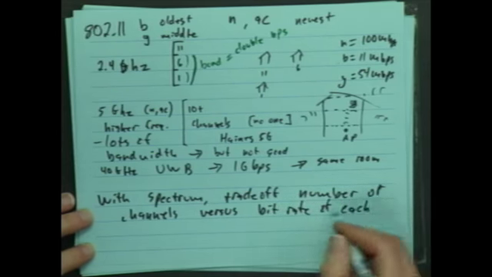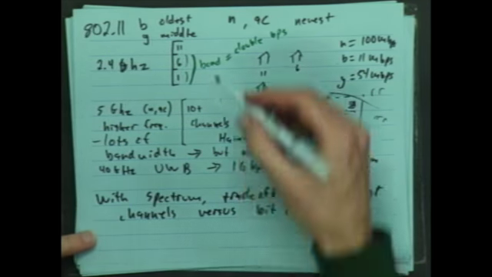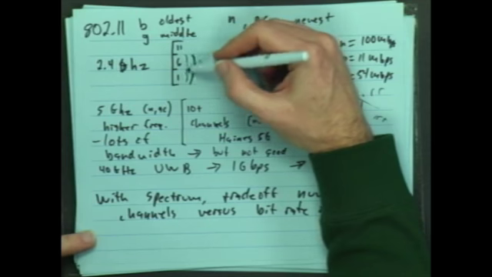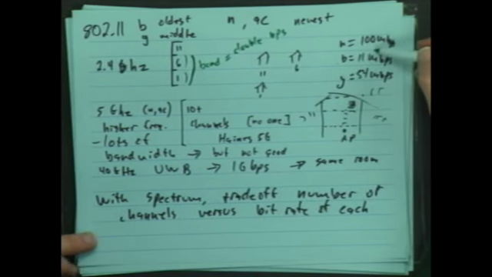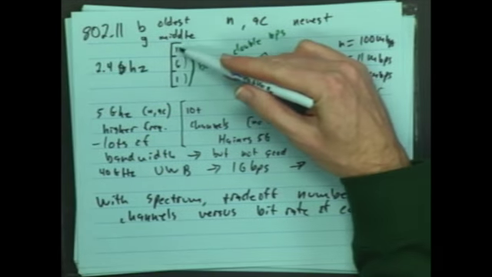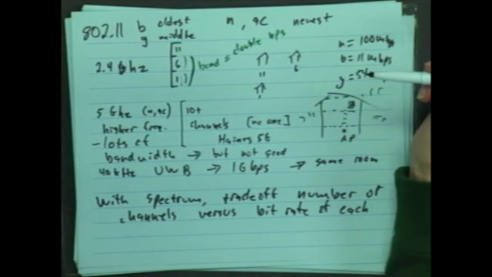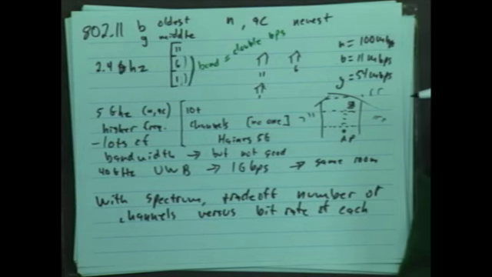So I could have one huge channel that was all of my bit rate. So up here I could just use one giant channel, and if I'm at 54 or 100, that would be 300. I get 3 times as much. But that means only one person can be using this at a time. I'm also opening myself up to a lot of interference, right? So there's a trade-off here.